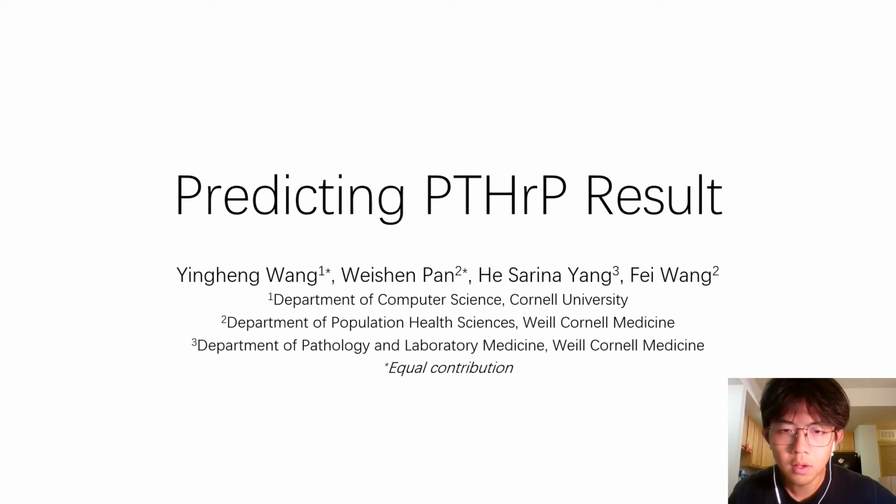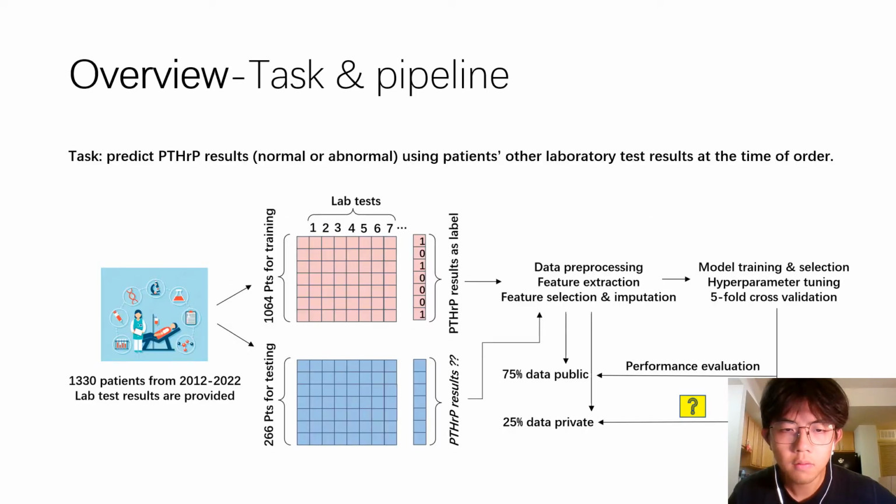So first of all, I will briefly summarize the task and our pipeline. Dr. Spice maybe has introduced some background of this task. So basically, for a one sentence summary, it is aiming to predict PTHrP results by using patients' other laboratory test results at this time order.